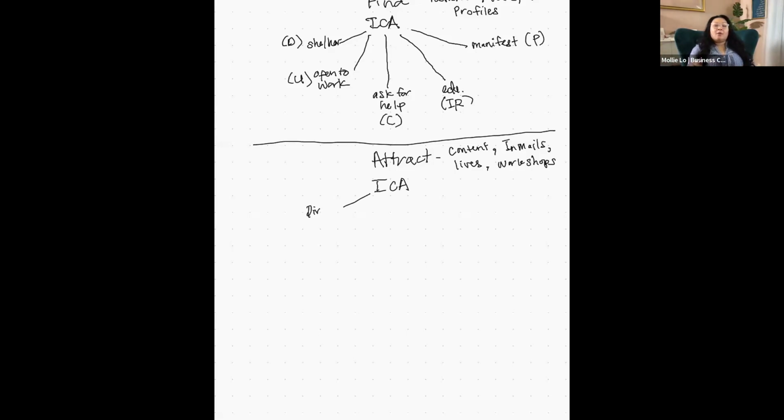Okay. Now, when you are creating content or you're having conversations via emails, or maybe you're hosting a weekly live, or you're hosting a workshop or an audio event of some sort, you want to create specific topics that would help your ideal lead, ideal client, to become desire aware.